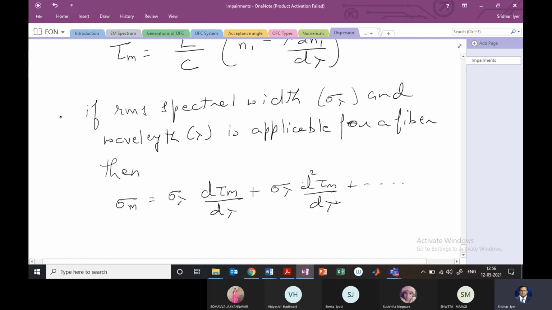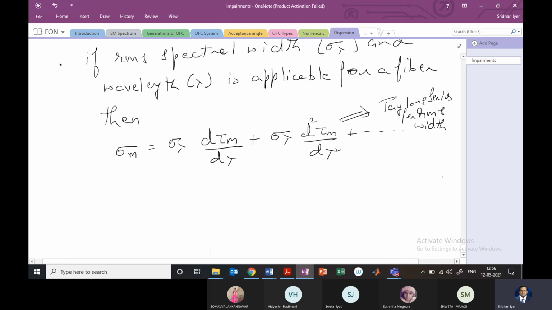This is the Taylor's series for the RMS width. Okay, that is the broadening.